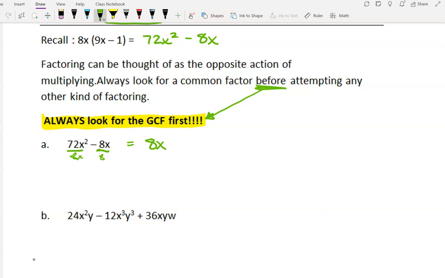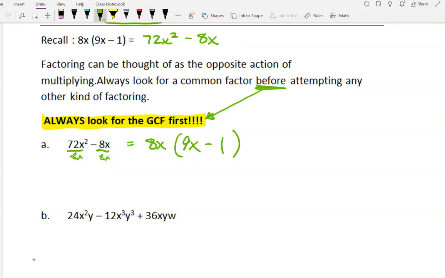So I'm going to try to take out an 8x from both of these terms. If I divide 8x into 72x squared, does it make sense? I'm left with 9x. And if I divide 8x by 8x, I'm left with negative 1.